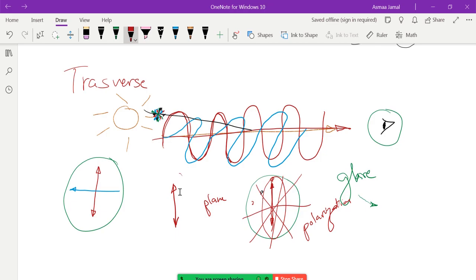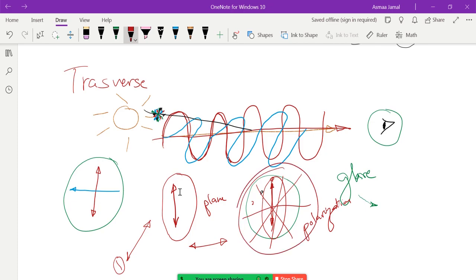This plane could be vertical, could be horizontal, could be oblique, no problem. But the end is just one single plane. So this is unpolarized light, and this one with a single plane is polarized light.